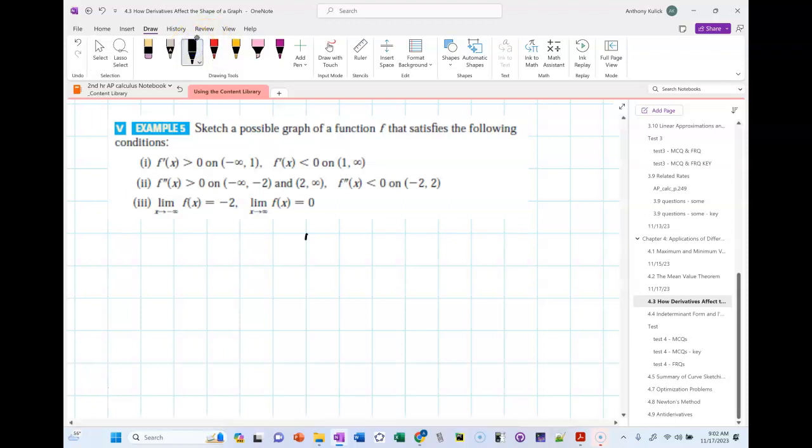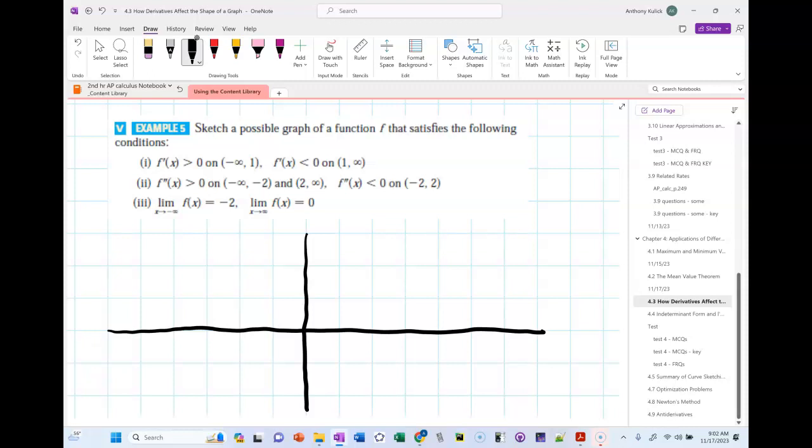So if I were given these conditions, I want to sketch a possible graph. I know I need to care about 1, -2, +2, and that looks like the specifics there. So from negative infinity to 1, my graph is increasing.